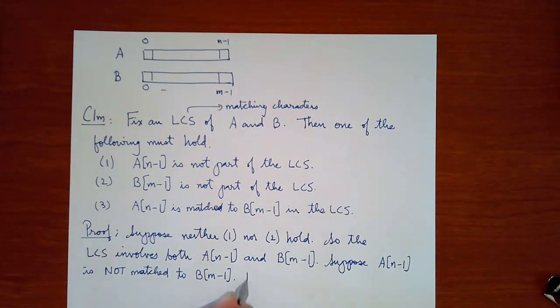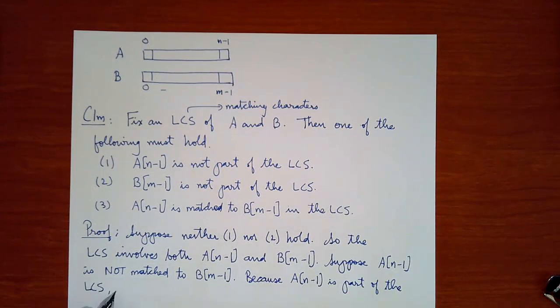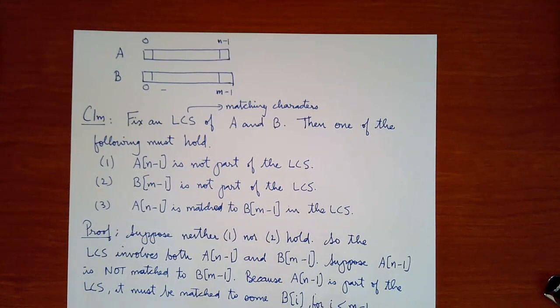Well, because A of n minus 1 is part of the LCS, it must be matched to some B of i for i strictly less than m minus 1.